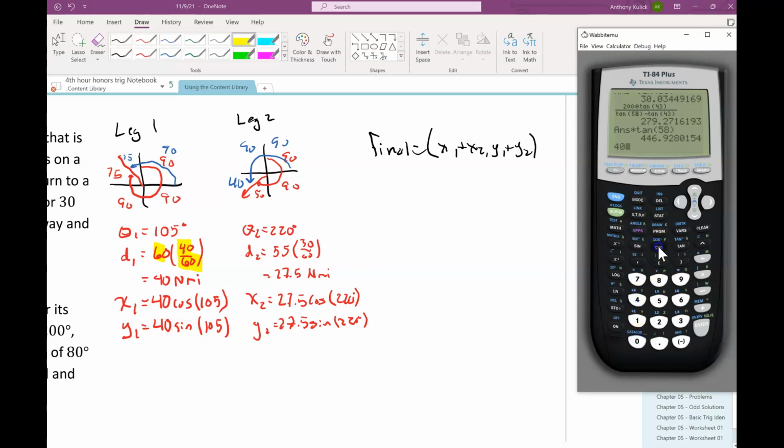So calculator time, 40 cosine 105 plus 27.5 cosine 220. That's my x coordinate. And then the y coordinate is going to be the same thing, except I'm going to replace my cosines with sines.